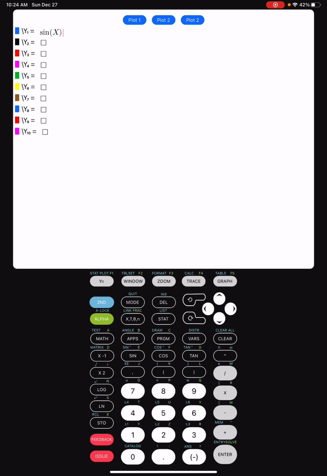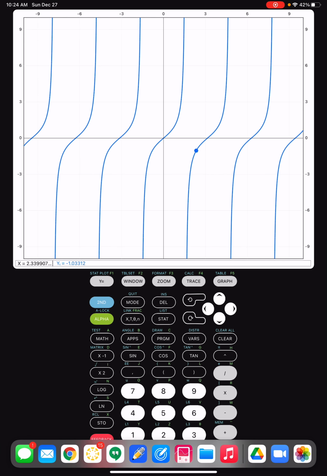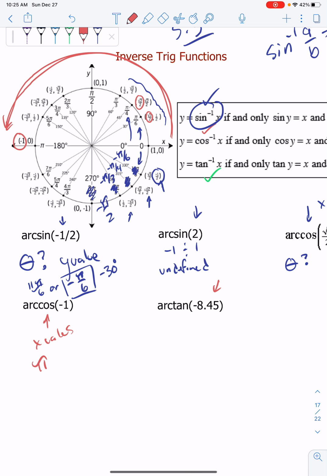But my tangent graph goes up to infinity. So tangents can have any value as an output. We don't have that same limitation like we do on sine and cosine. So going back to my problem, negative 8.45, my angle is going to equal negative 1.453.